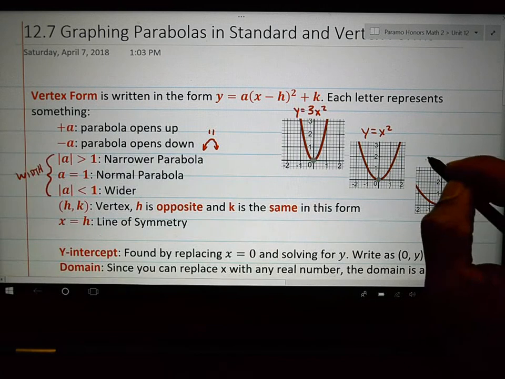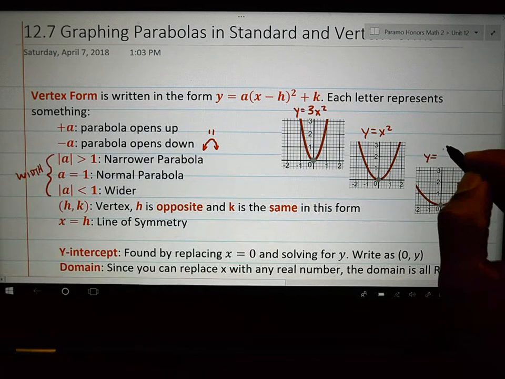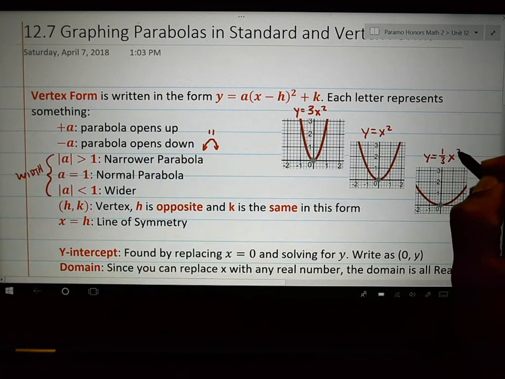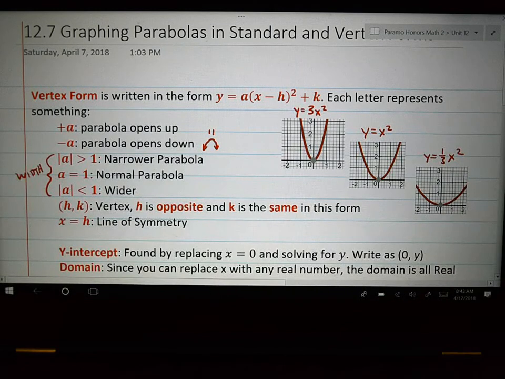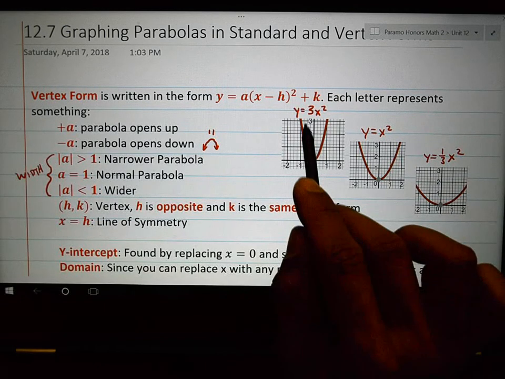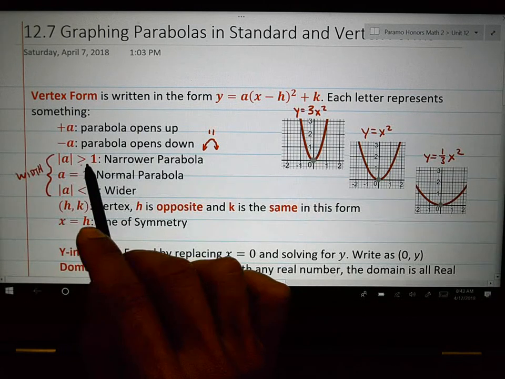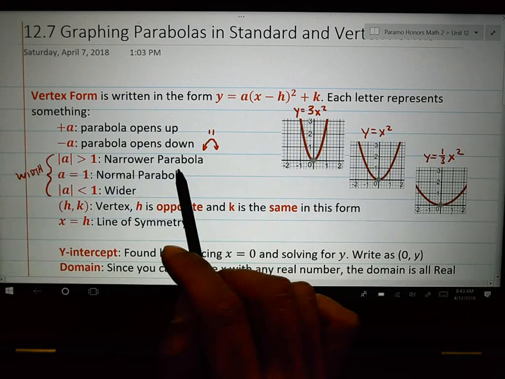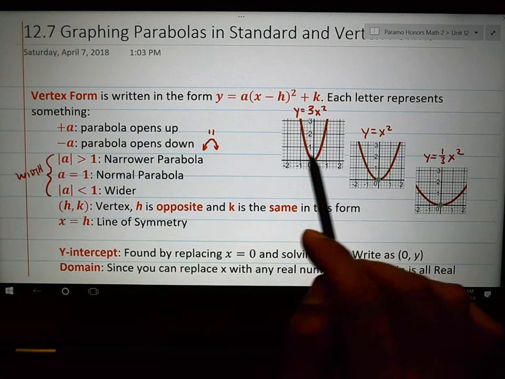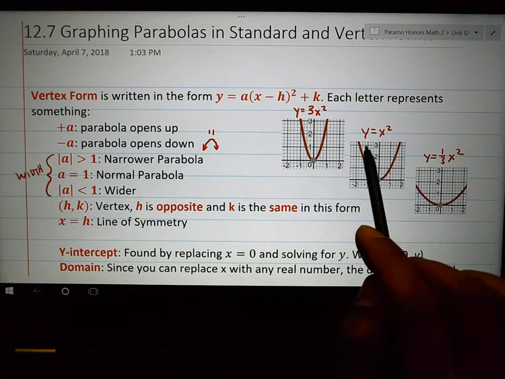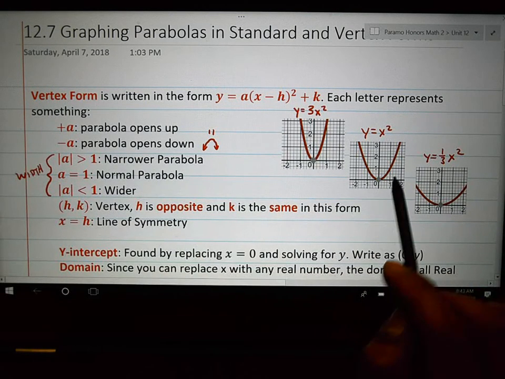And this one is y equals 1/3 x squared. I changed the A value so that you could see the difference between these three graphs. When you have 3x squared, because that absolute value is greater than 1, it creates a narrower parabola, meaning a little bit skinnier than a normal width parabola.